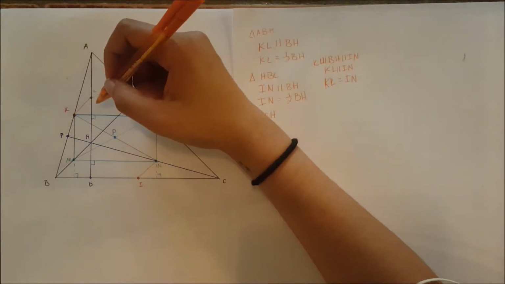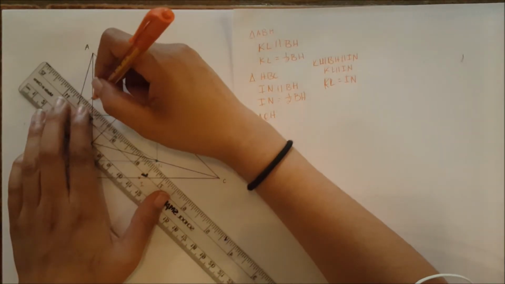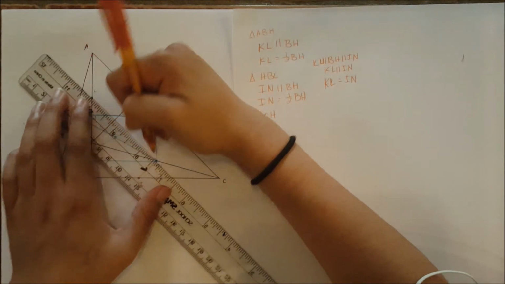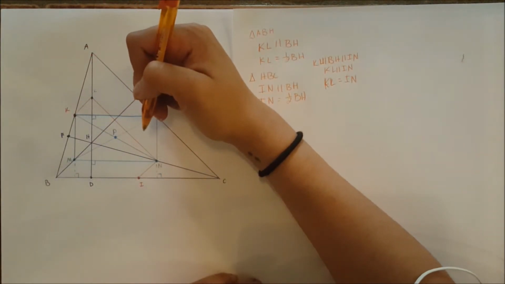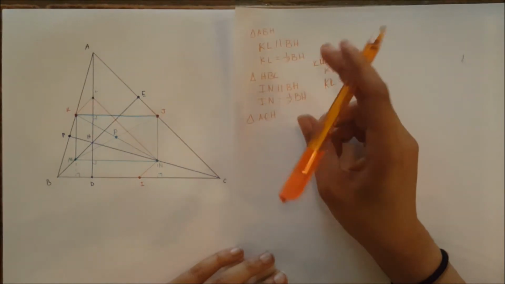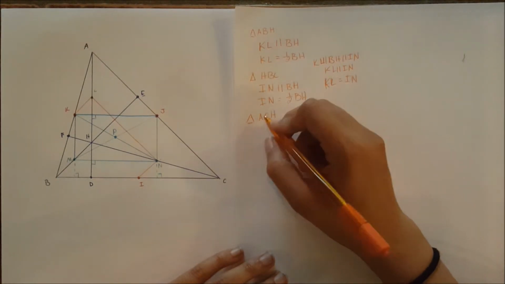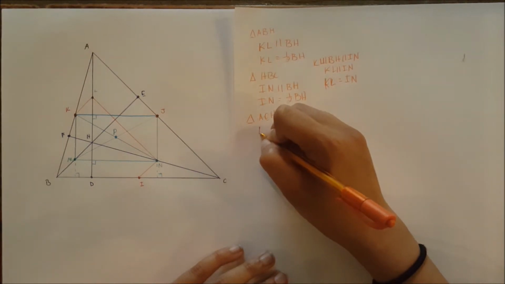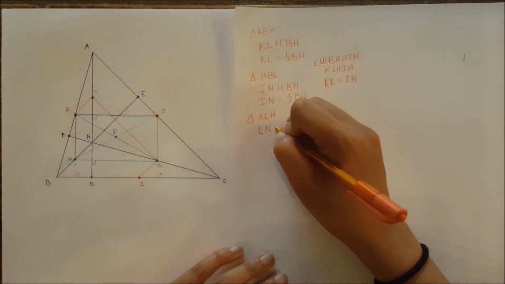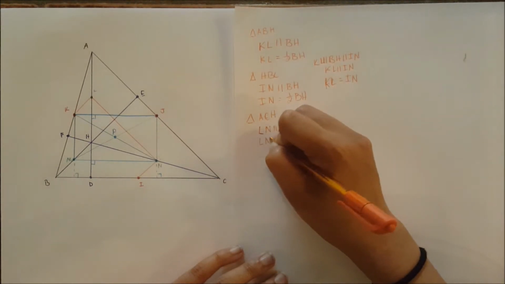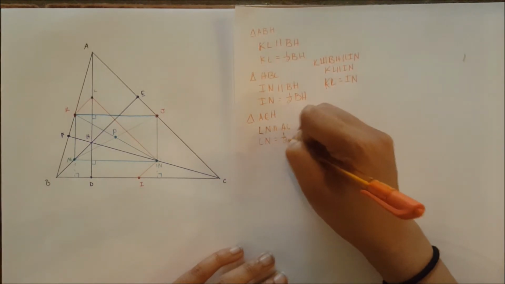So we can connect these two points to make a line segment. Since these both are midpoints of the triangle, the line segment LN is now the midline. So LN is parallel to AC, and LN is also equivalent to half of AC.